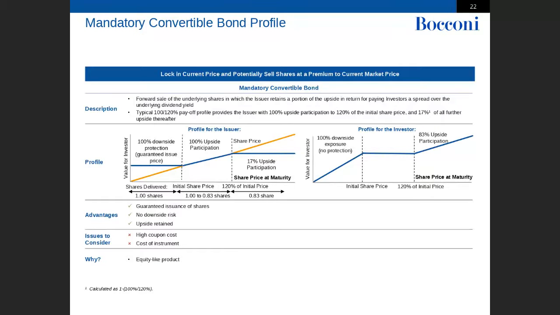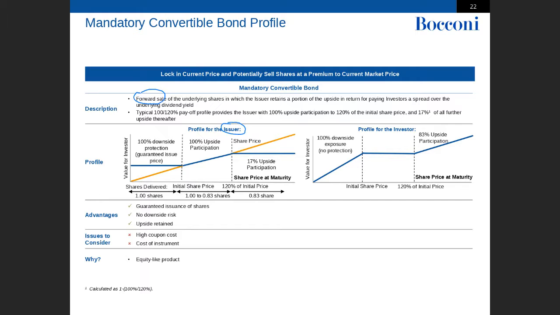Here you have a forward sale of the shares where the structure of the economic profile for the issuer is as follows. This is the performance, the orange line, for the market, the share price performance. And basically the issuer has de facto a 100% downside protection here.